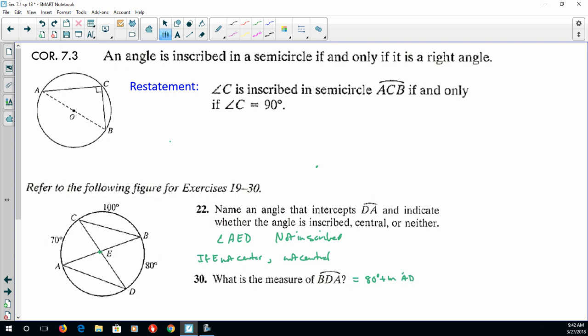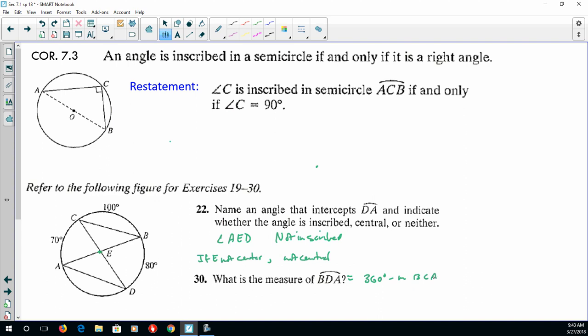So the measure of arc BDA is going to be 80 degrees plus the measure of AD. No. Okay, I'm still making it too hard. Okay, let's do it this way. It's 360 degrees minus the measure of arc BCA.